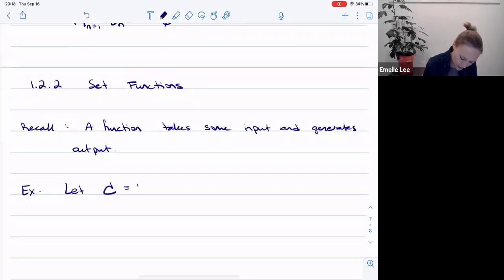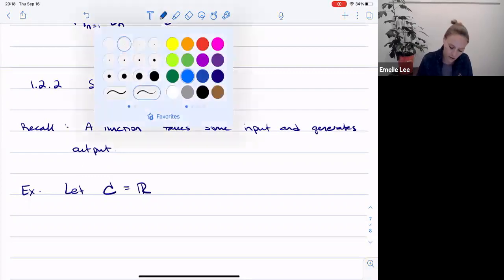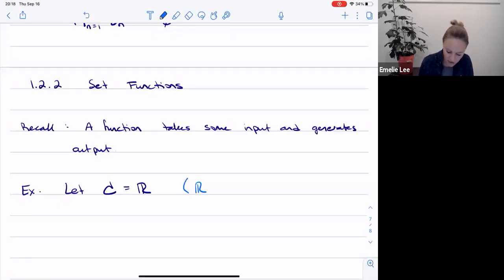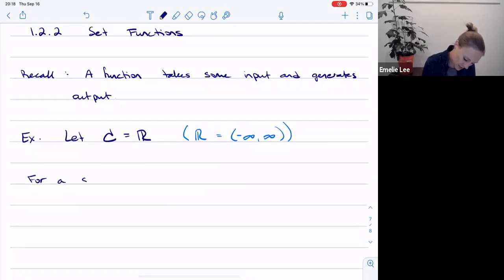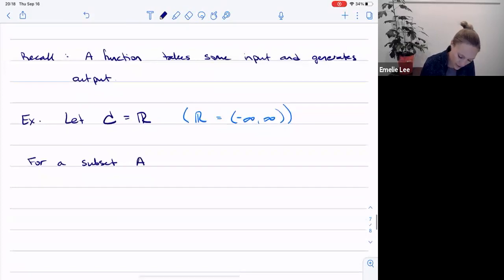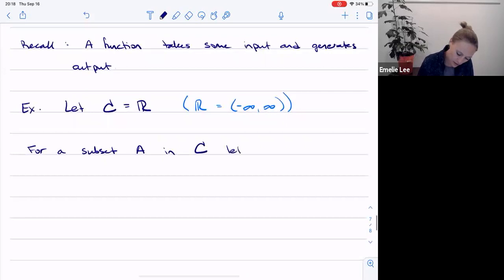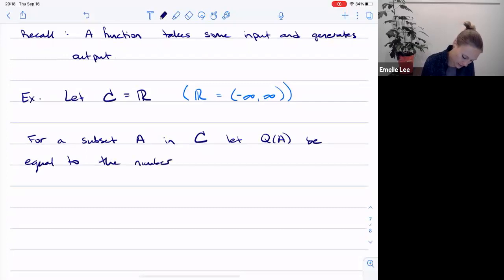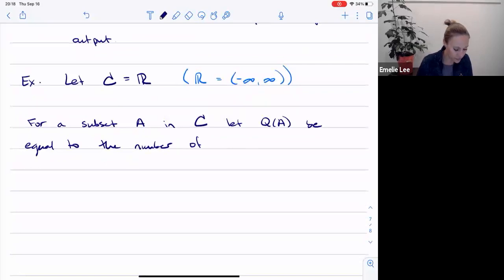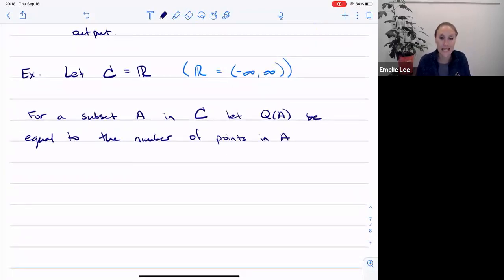If we let the sample space be the set of real numbers, and just to emphasize, the set of real numbers is the interval from negative infinity to infinity, then for a subset A in the sample space, let Q of A be equal to the number of points in A that correspond to positive integers, right?